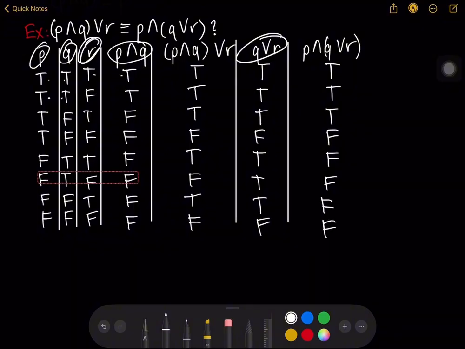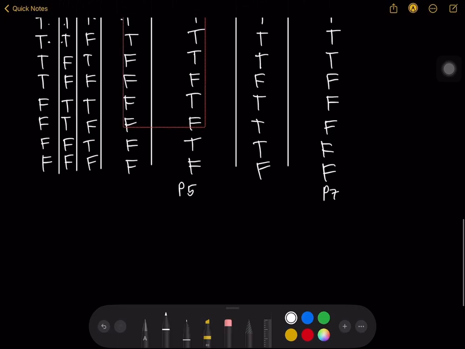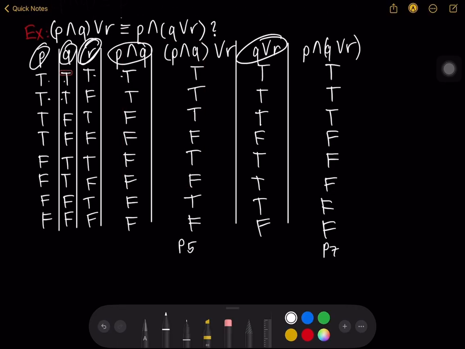Okay, so let's name these P5 and P7. Let's look at the truth values of these 2 columns. Are they the same? First, we need to look at the true is true.